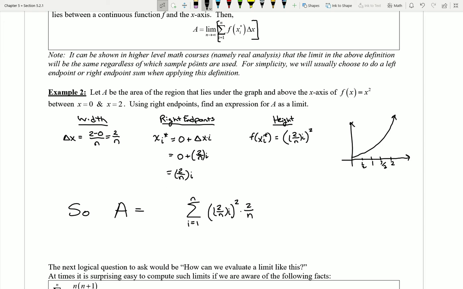But to get the exact area, I need to put a limit on this as n goes off to infinity. So this here is the formula that I would need to compute the exact area underneath this curve that goes from 0 over to 2. Notice that would be all of this space precisely. I can find all of that using this limit.